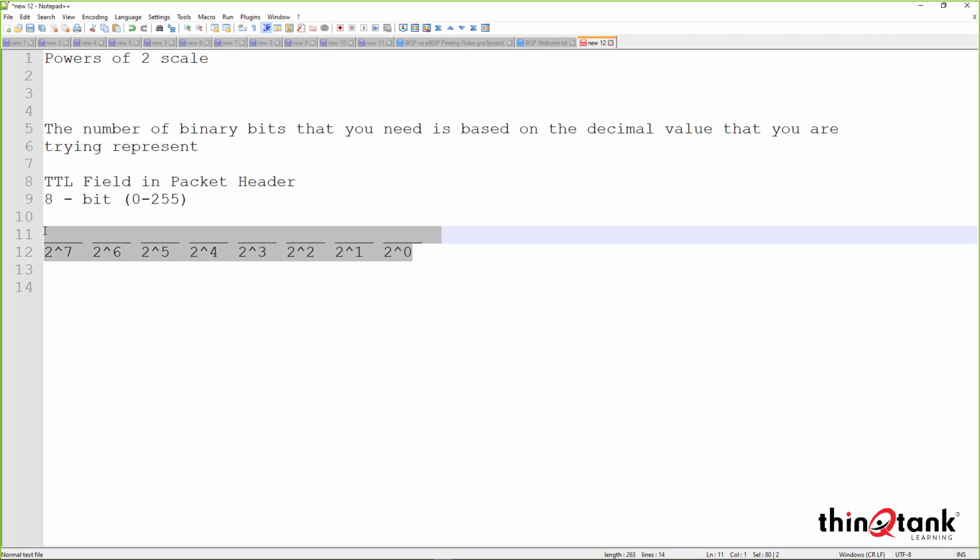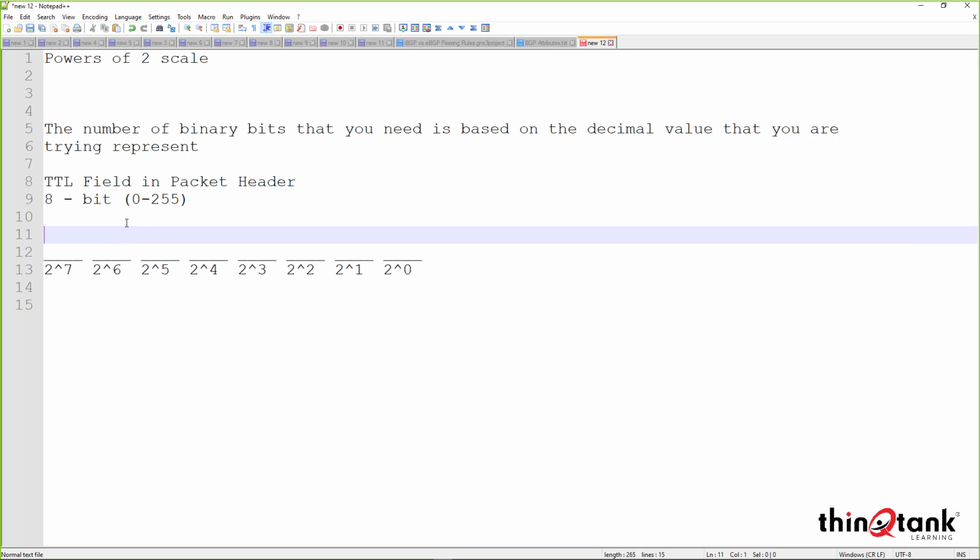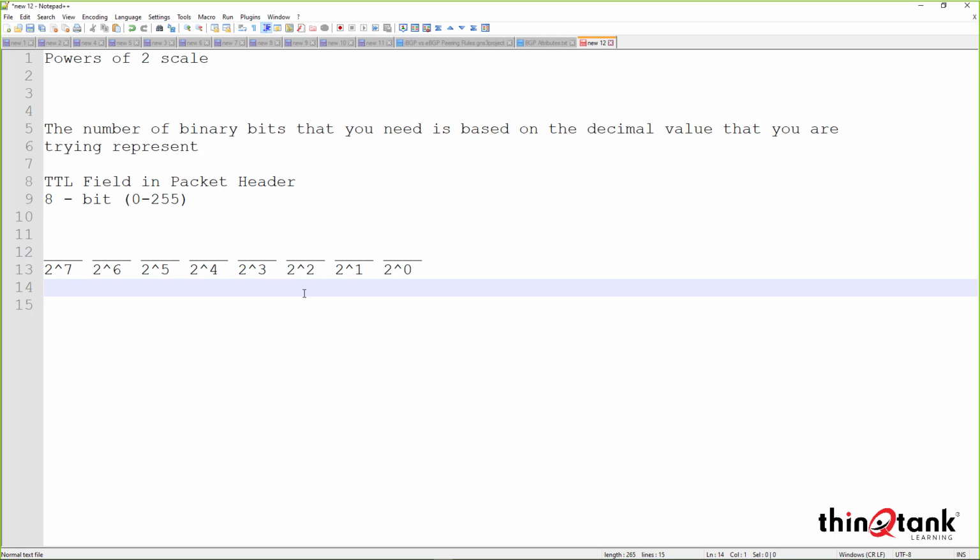So you have this powers of 2 scale, and again, I just did 8 bits because I was specifically referencing this time to live field. And then each one of these fields, or each one of these columns, if you will, has a decimal weight. This has a decimal weight of 128, and this is 64, and this is 32, and this is 16, and 8, and 4, and 2, and 1.